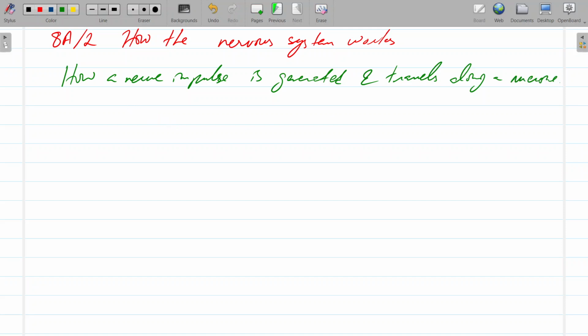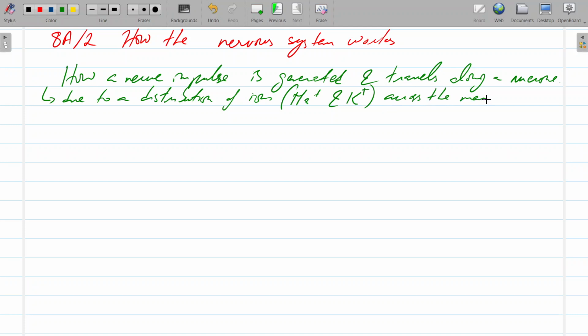So we start off with, and so far we've understood that it's basically because of the distribution of ions, primarily the sodium and potassium ions across the membrane of nerve fibers.